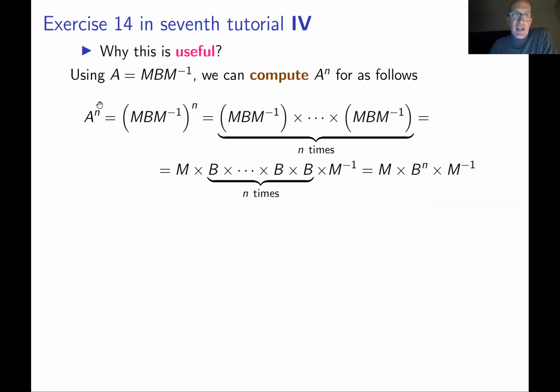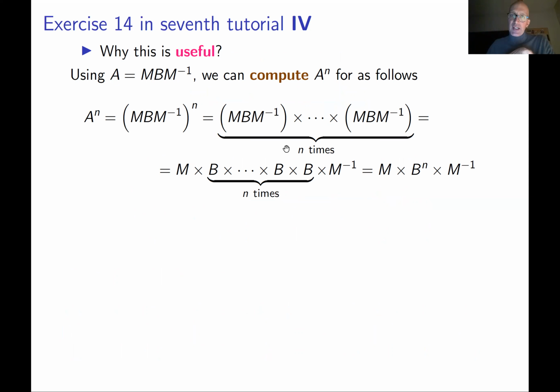Look, if you take A to the n, this is the nth power of this matrix, but the nth power of this matrix is a shortcut for the product of this matrix n times. So we write these matrices like this n times. This is a big product. And then we observe that we can remove brackets because multiplication is associative for matrices.